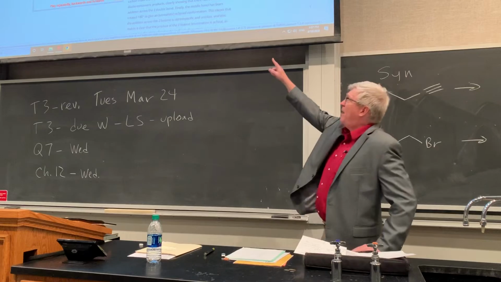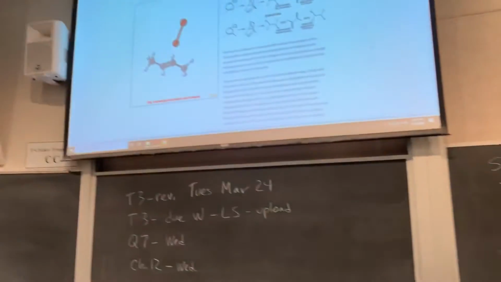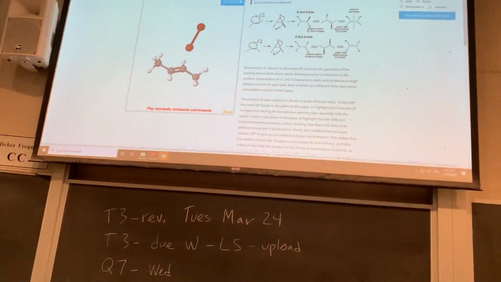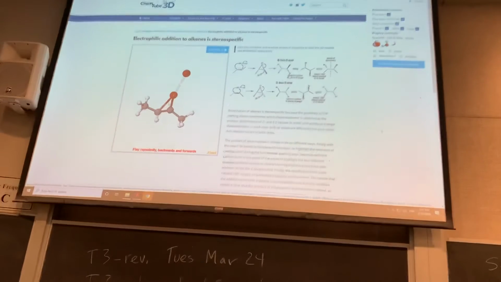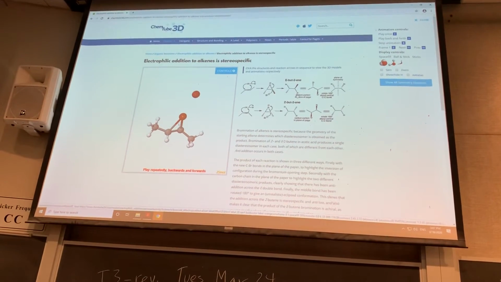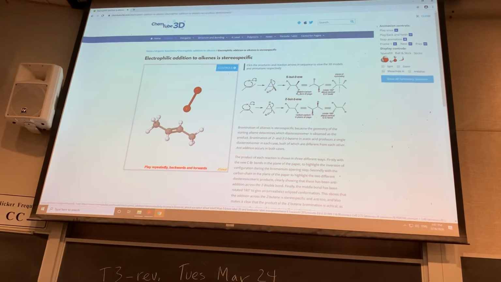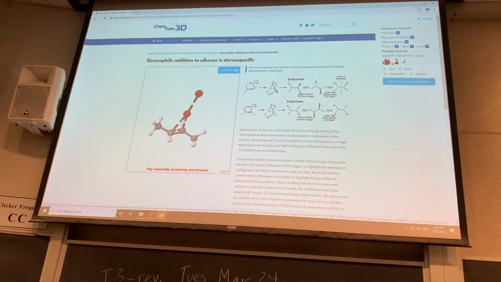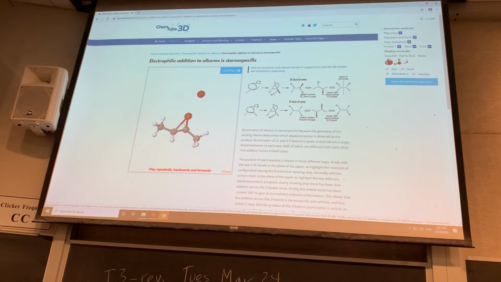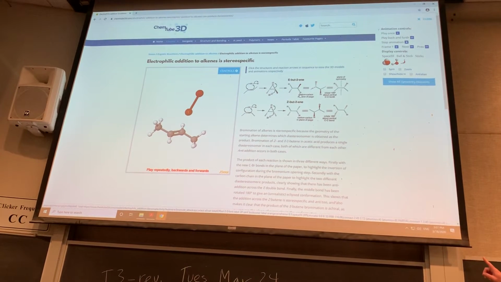So I have up here ChemTube, which is a useful program we've told you about. It's free, it's available online. It's got a lot of great animations of organic reactions. The one I'm showing right there is the electrophilic bromination of trans-2-butene, and there's also an animation for cis-2-butene.